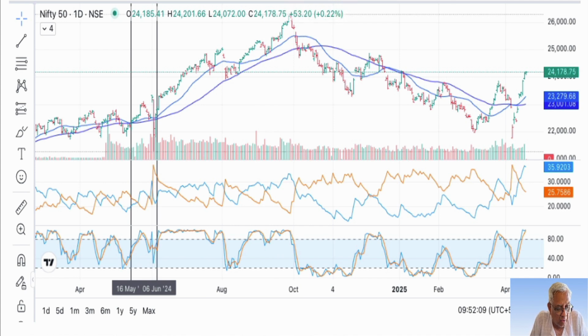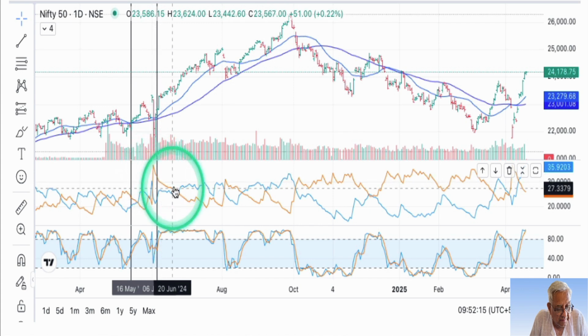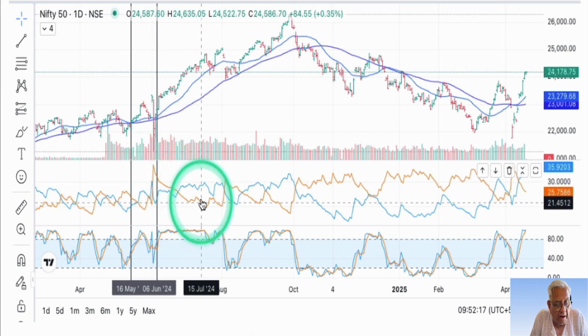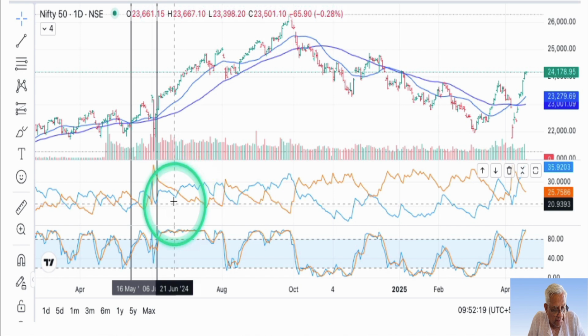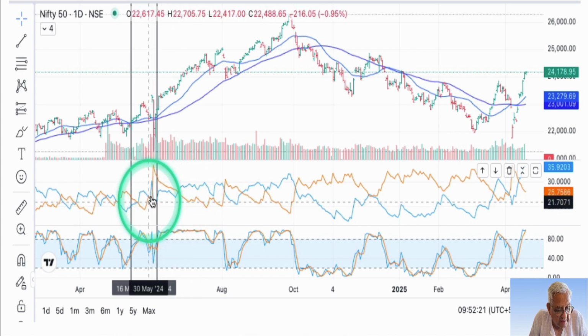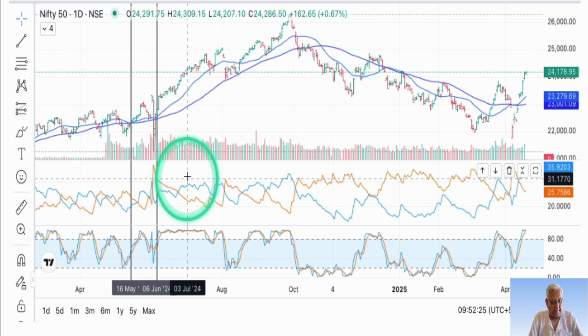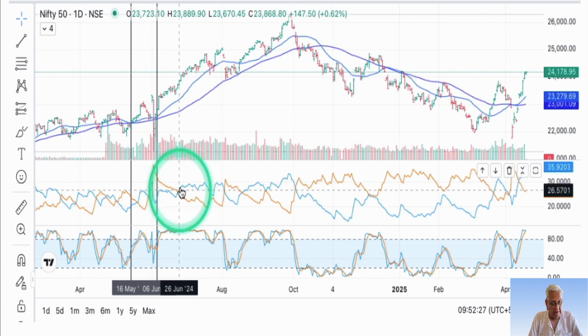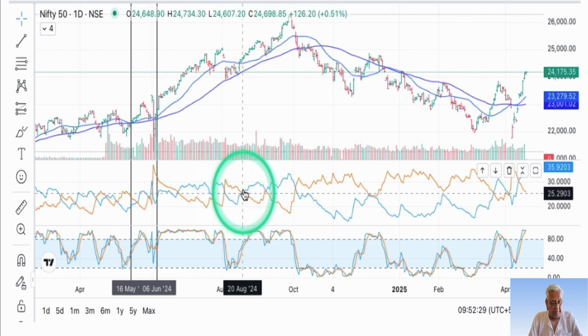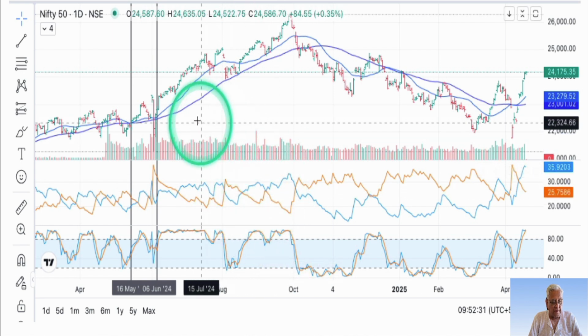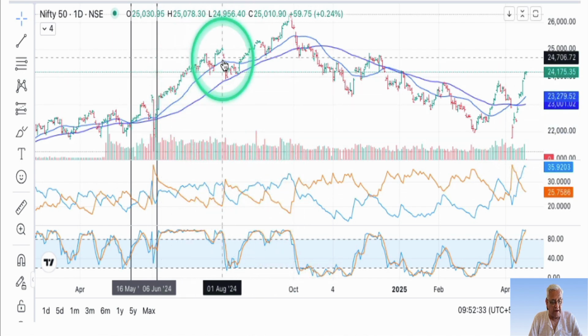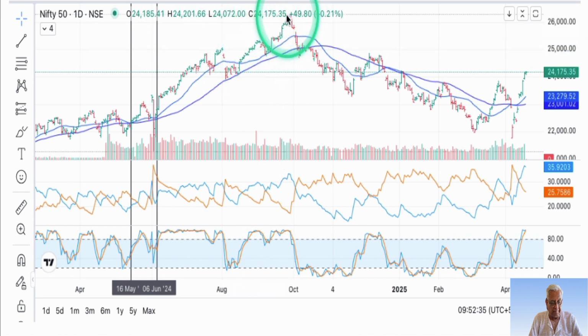Then we would have again done the same thing over here. Here too you would have seen that the negative momentum is going down and the positive momentum is staying up and going above the negative momentum. So while you can see that the gaps here are not big, that's why the price chart has not shot up.